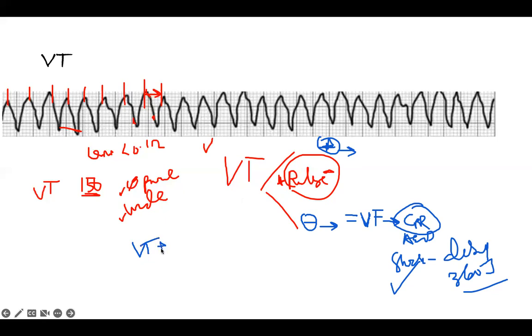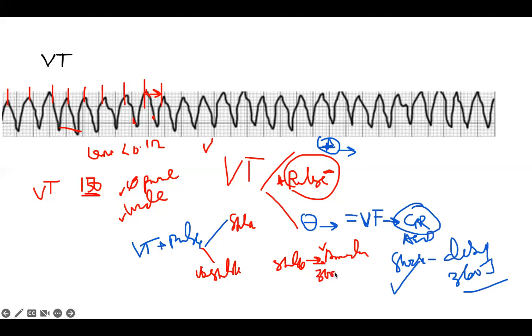So VTach plus pulse. Then you ask yourself, is the patient stable or unstable, the tachyarrhythmia, that's what you ask yourself. And if it's stable, then you give them not pain medication, but an antiarrhythmic to slow down the heart rate. You want to slow this chaotic heart rate. So they'll get amiodarone or other antiarrhythmic medication. But amiodarone, if you don't remember anything at all, amiodarone. Sometimes they give you procainamide, but amiodarone is the best one.